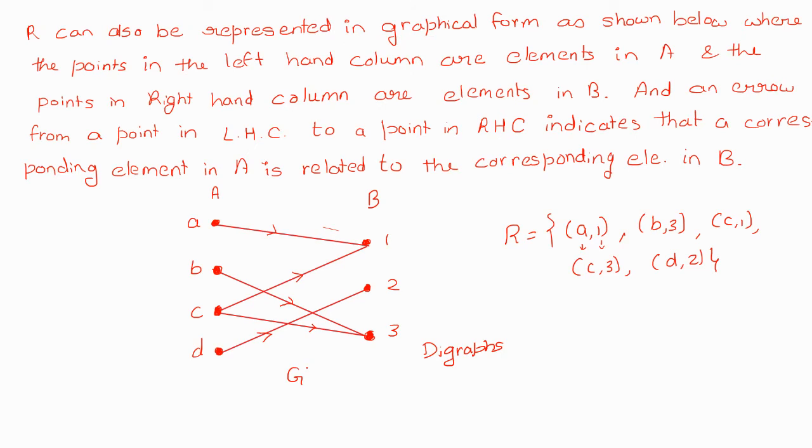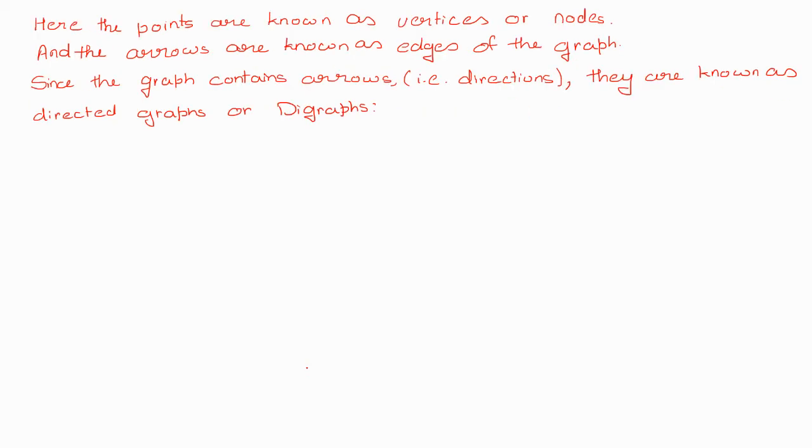These arrows A1, B3, C1, C3, D2, these five edges, these five arrows, are known as the edges of the graph. Since the graph contains arrows, that is the directions, they are known as directed graphs or digraphs.